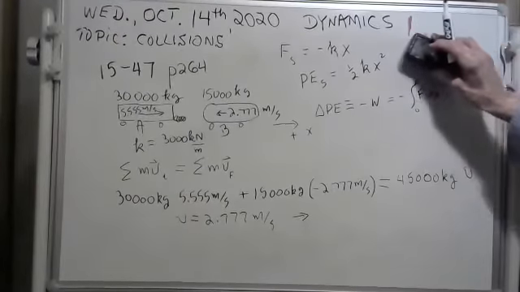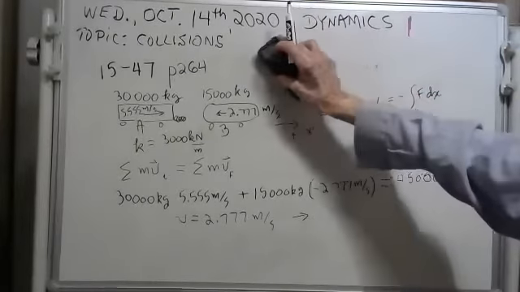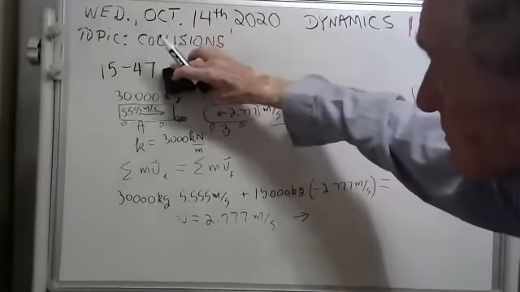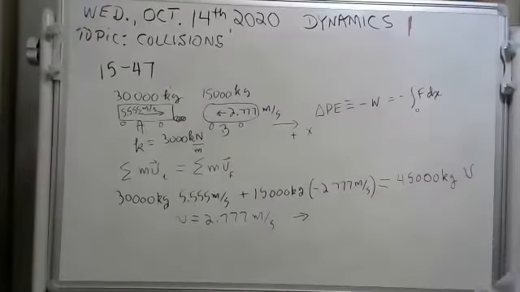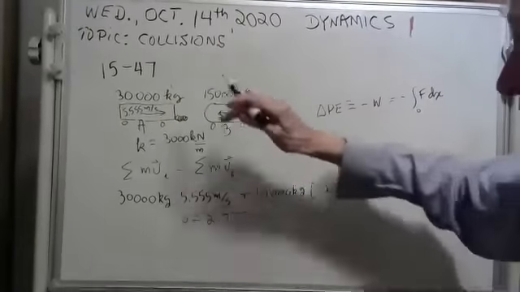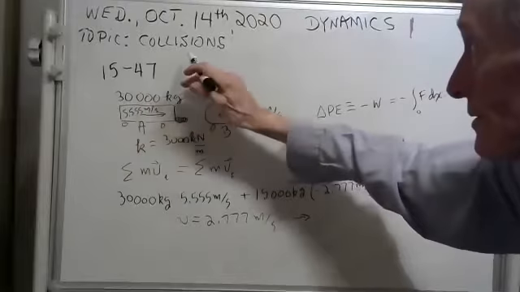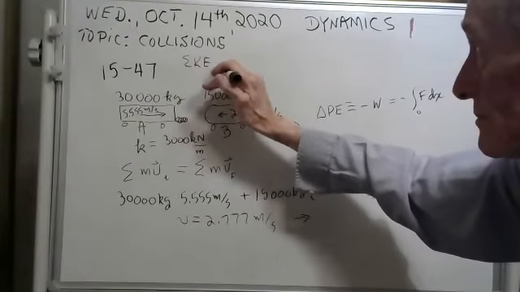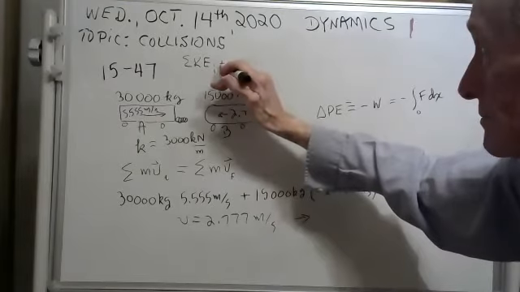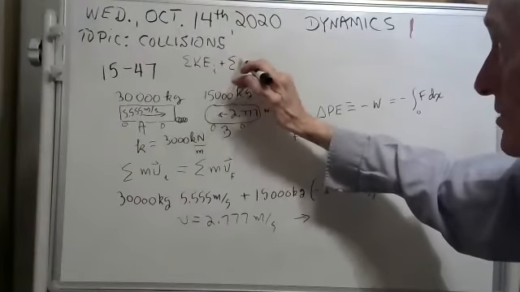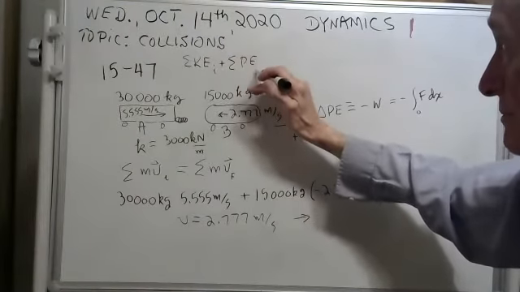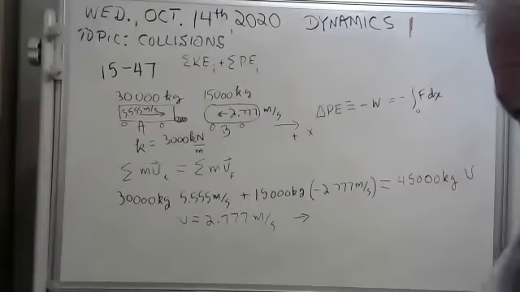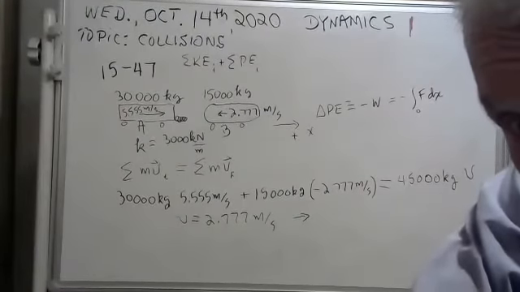And let me make some room here, and I'm going to write conservation of energy. Now, the way that works is the initial kinetic energy and the initial potential energy, and this would be the elastic potential energy because nobody's going up or down.